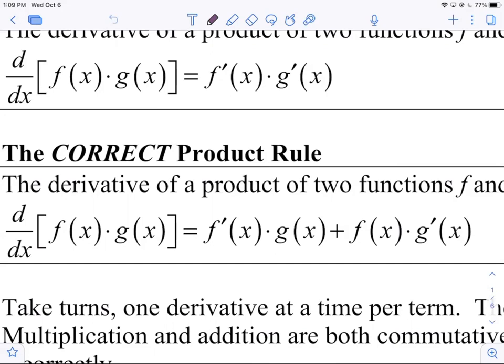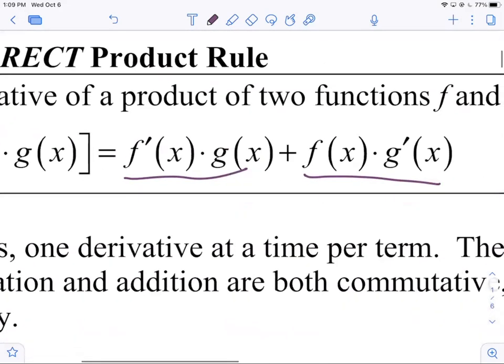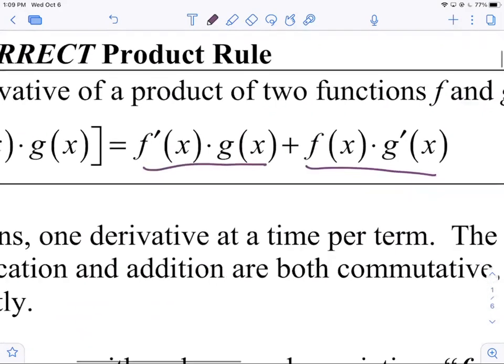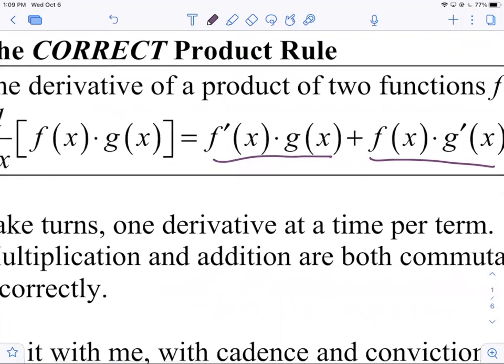Yeah, so you can think about it that way, or you can think about it as just like, hey, we have two factors. We're going to generate two terms, okay? Two factors will generate two terms. And in each term, we take the derivative of just one of them, one at a time. So in the first term, I like to take the derivative of the first one first, because he is standing in front.